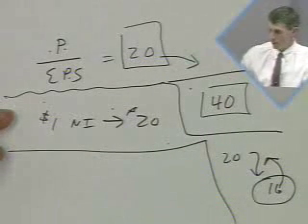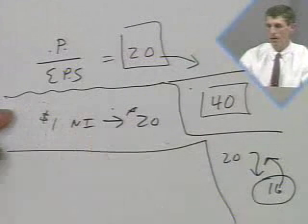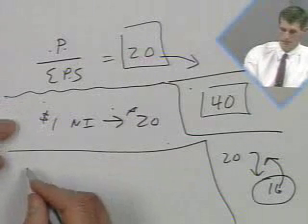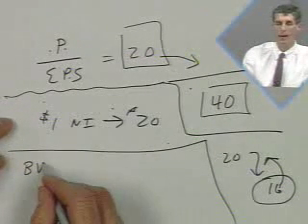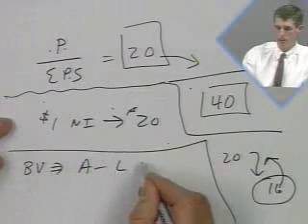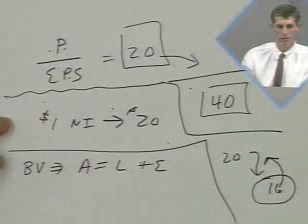So the last ratio, market to book. Well, first thing, the book value is what? How do we measure book value? We go back to our balance sheet. Our balance sheet is assets minus liability, assets equal liability plus equity, right?